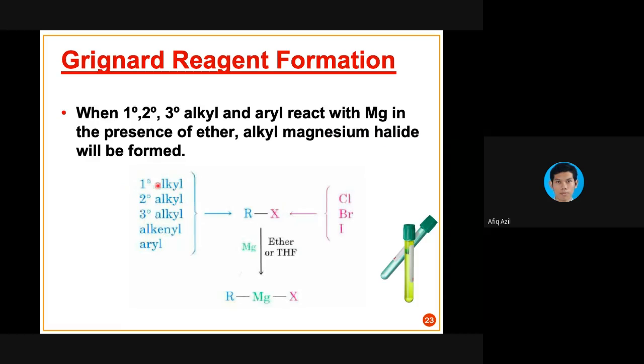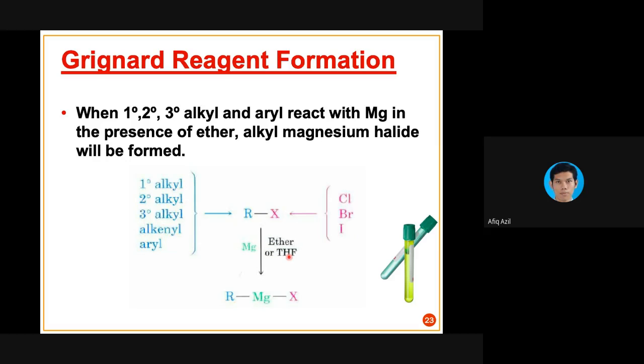So here you have primary alkyl halide, secondary alkyl halide, tertiary alkyl or aryl. It can be chlorine, bromine, or iodine, or fluorine. Then you have to mix it with magnesium metal, just Mg, in the presence of ether or tetrahydrofuran.